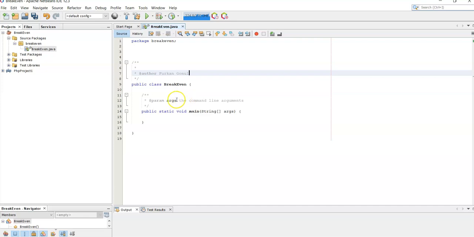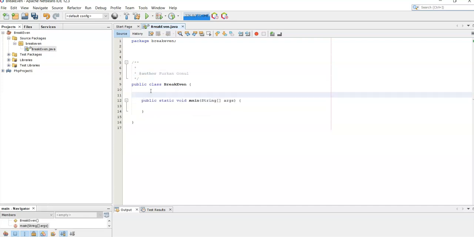Alright, what are we doing first? We are creating a Scanner class to ask the user.